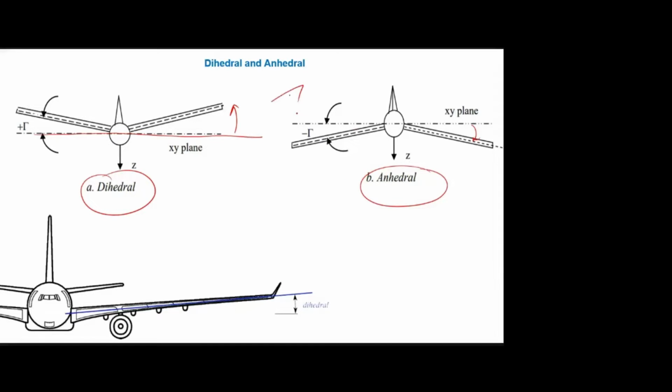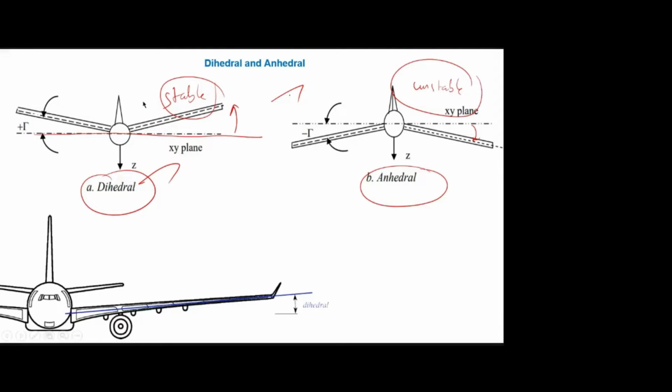Which type of wing have you seen mostly in commercial aircraft, dihedral or anhedral? Dihedral. So in all the commercial aircraft, mostly we use the dihedral wing because this is a more stable configuration. The anhedral is unstable, and we mostly see it in fighter jets, where we need better maneuverability.